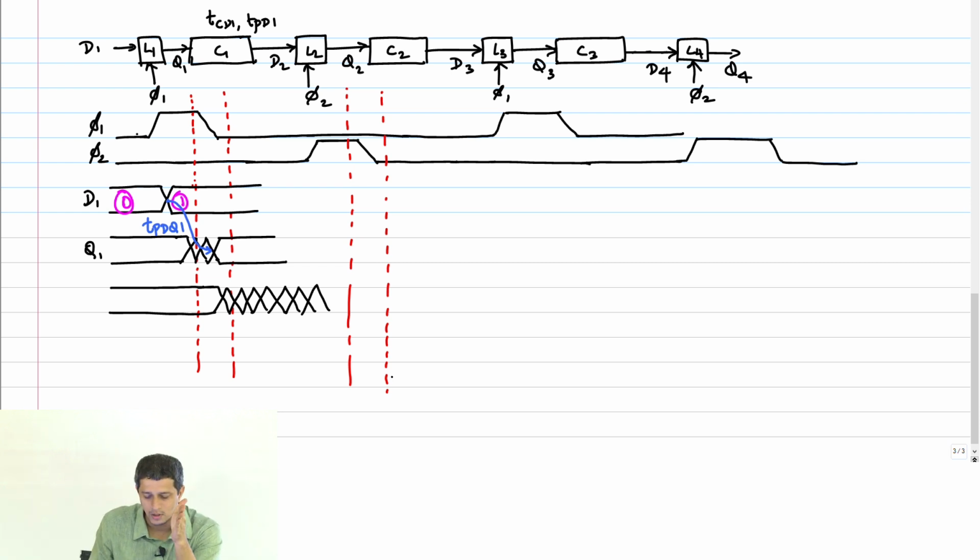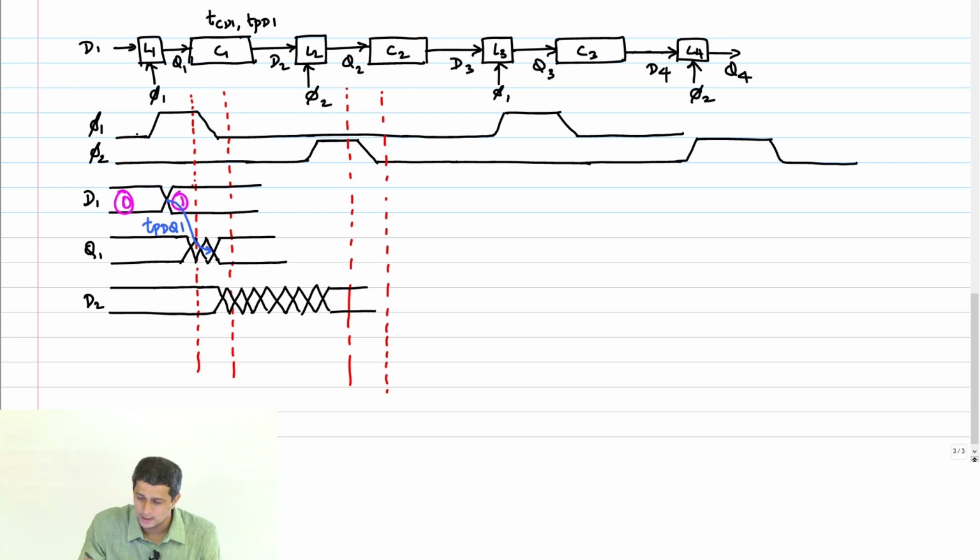Should D2 settle before phi 2 rises, or can it go inside? Yeah, it can go inside. Same logic that you apply for L1, you also apply to L2. Therefore, this change is going to take it right in.